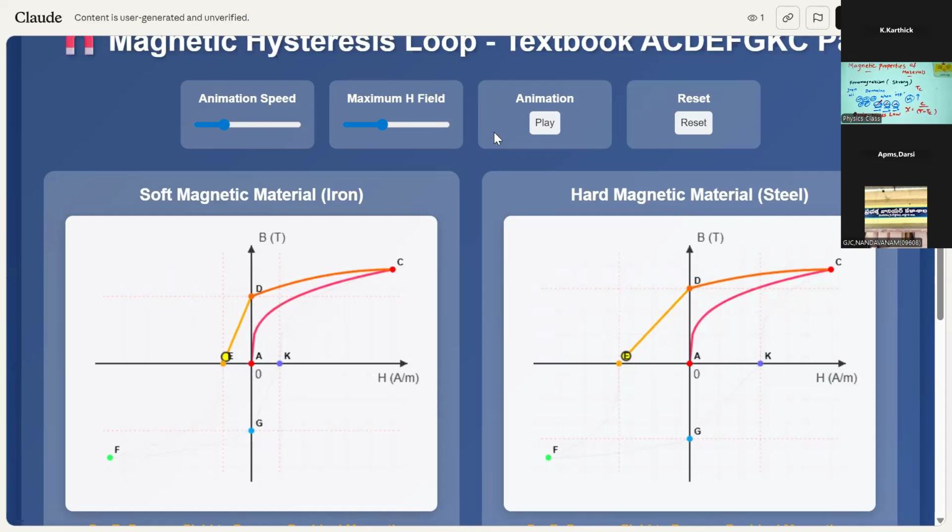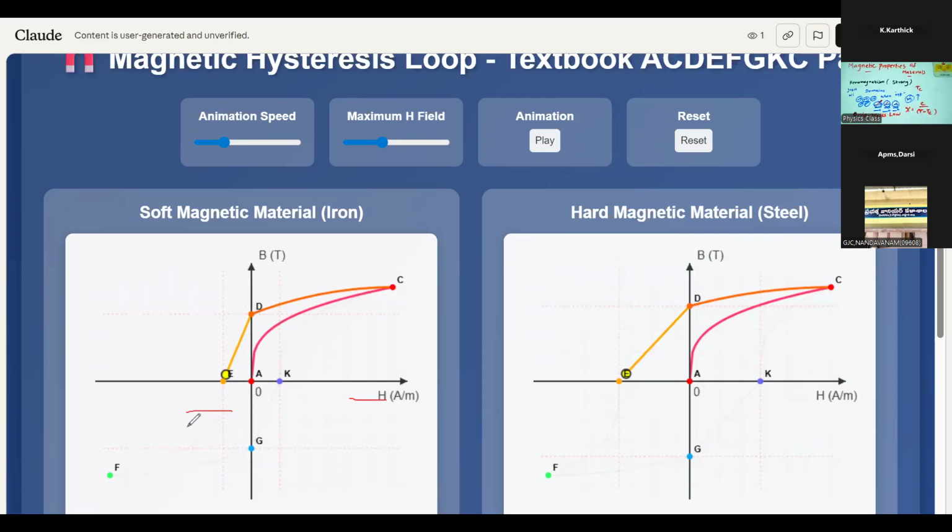This is H positive, this is H negative. We have to apply the field in the negative H direction. The amount of reverse H needed to kill the magnetic field, where B becomes 0, is called coercivity.